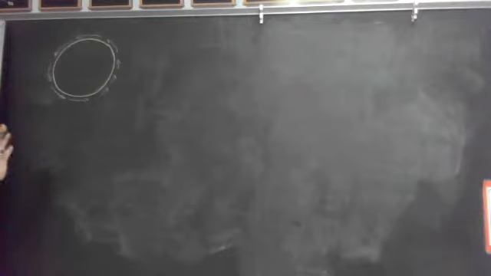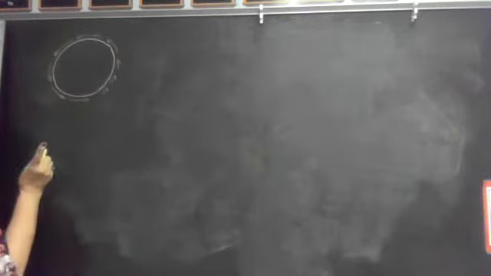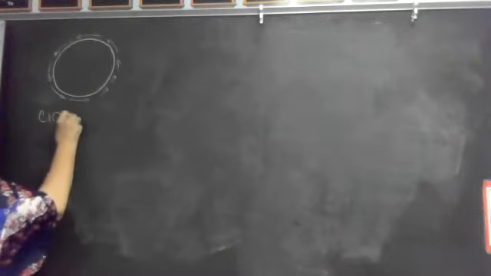We looked at some different shapes, and we said the ovals and the circles aren't polygons, are they? Because they don't have straight sides. So we are still going to find the distance around a circle, but now it's not going to be called a perimeter. It's going to be called a circumference.